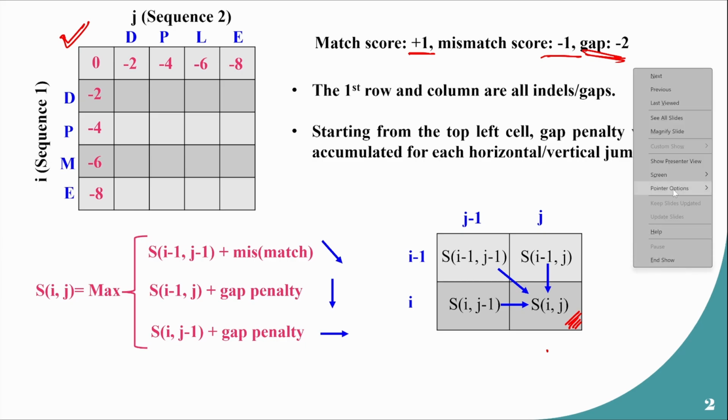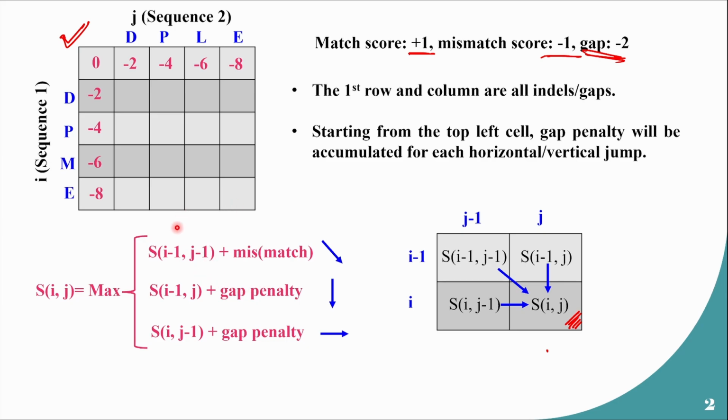The score for this particular grid ij is the maximum of these 3 routes: the diagonal route for match/mismatch, and the vertical and horizontal routes, which both represent the gap scores. The max value among all of those would be considered for this grid. Here, for example, the max value was 1.